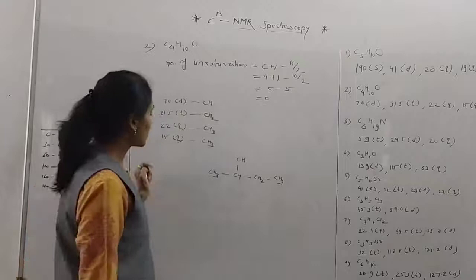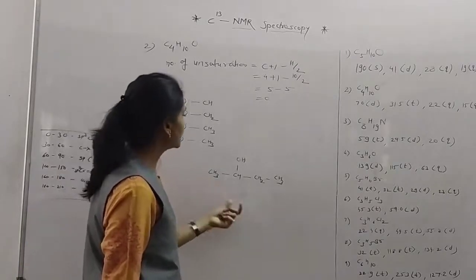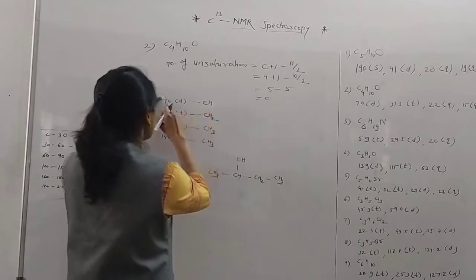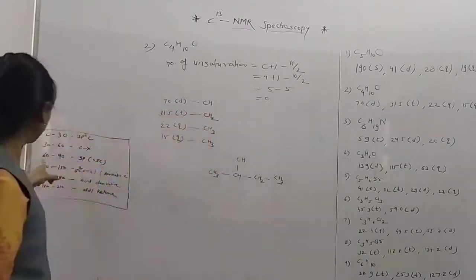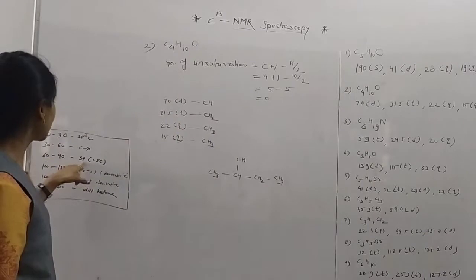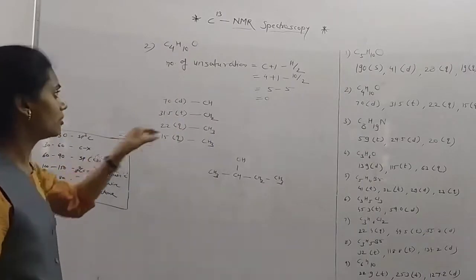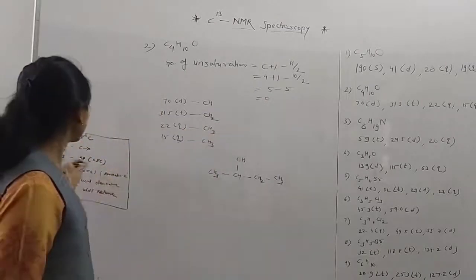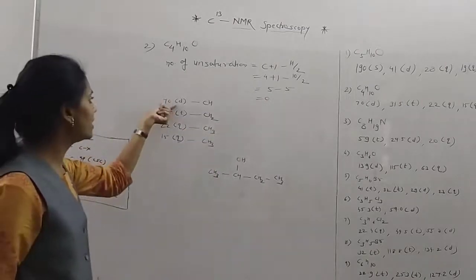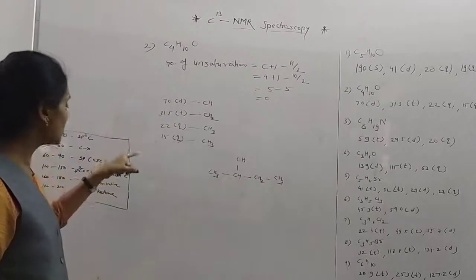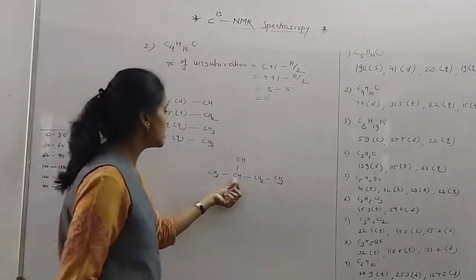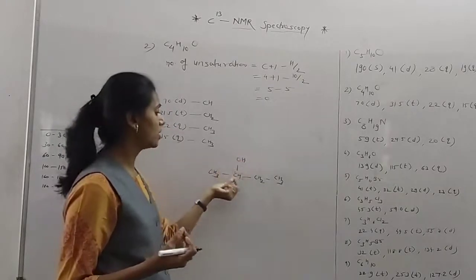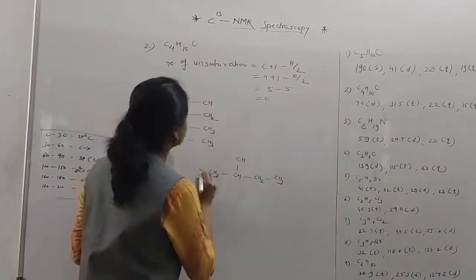We check here, it is correct. So the CH gives a doublet at around 70. 70 would mean sp hybridized, a carbon-carbon triple bond, but here there is no unsaturation. So why is this value increased, or deshielded? This CH is deshielded due to the electronegative oxygen, so its value becomes 70.